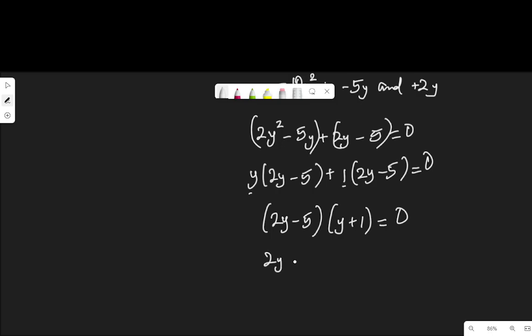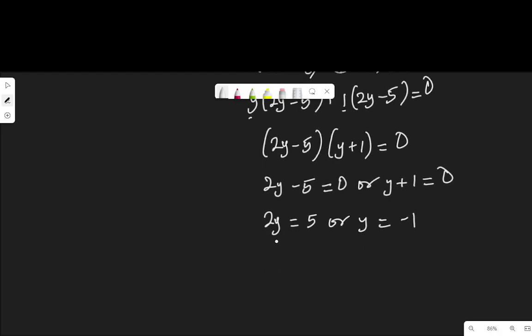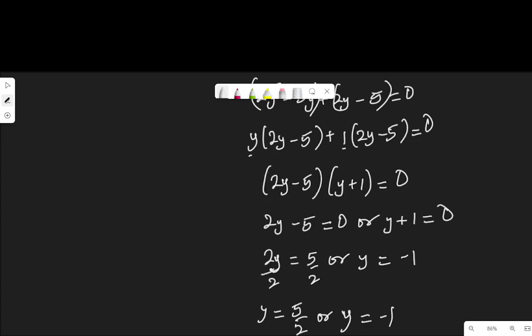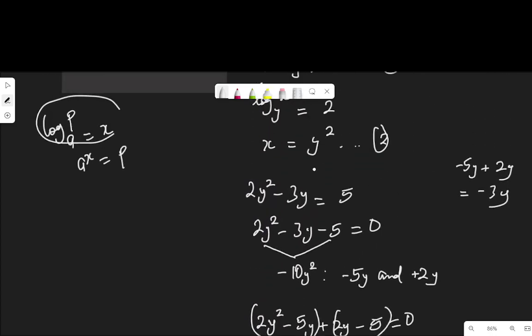It's either 2y minus 5 is equal to 0 or y plus 1 is equal to 0. That means 2y is equal to 5 or y is equal to negative 1. Dividing both sides by 2 here, I will have y to be 5/2 or y equal to -1. Now let's solve for x. Recall that x is y squared.